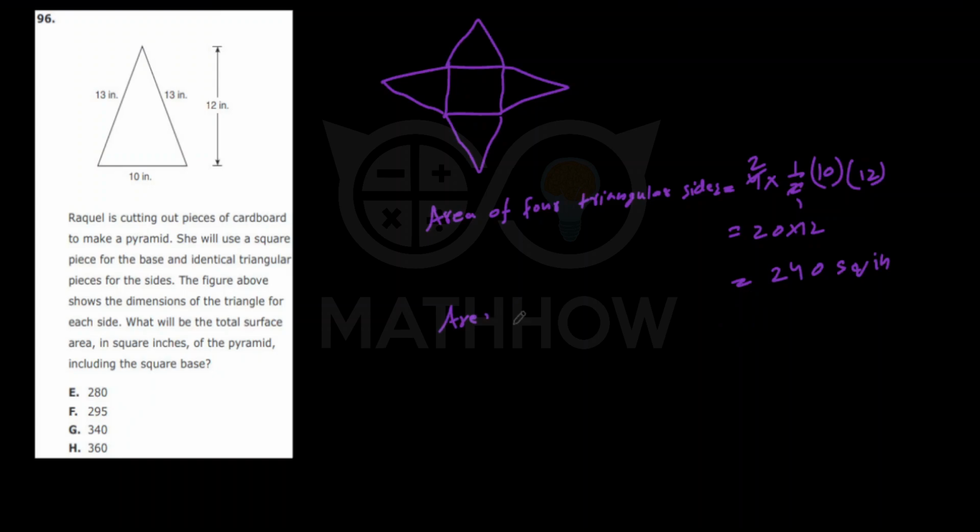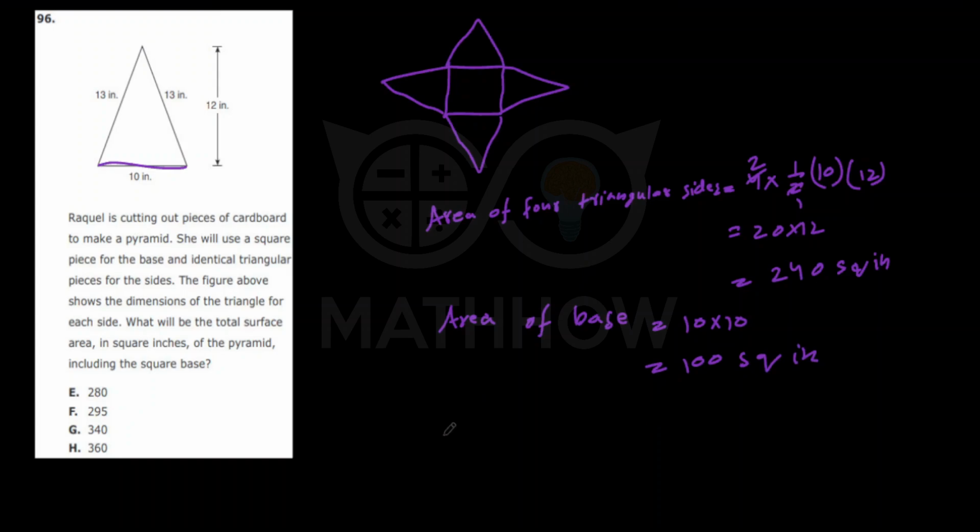The area of the base. The base is a square and the side length of the square is the base of the triangles, which is 10 inches. So the area of the base will be 10 multiplied with 10, which will be 100 square inches.